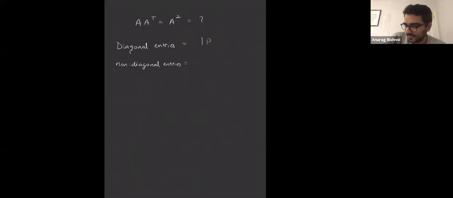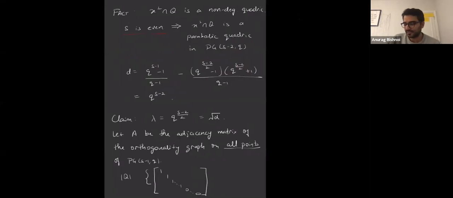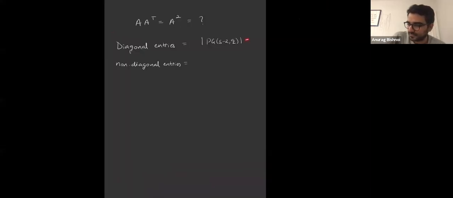So this is the cardinality of PG(s-2, q), because what are these vectors? For every point X, it's a 1 here if that point Y belongs to X perp. So this is basically the characteristic vector of X perp, and X perp is just isomorphic to PG(s-2, q). So this is equal to some constant, let's say delta. So all the diagonal entries of A square are a constant.